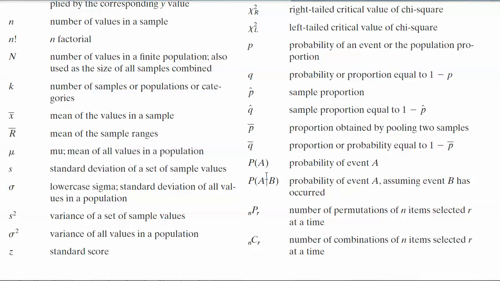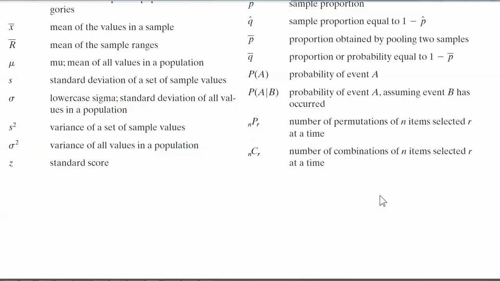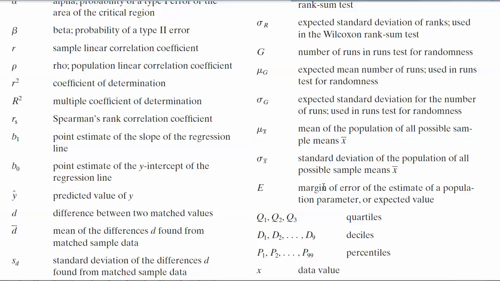P of A vertical bar B means the probability of A given that B has already happened. So they word it as the probability of an event A assuming that the event B has already occurred. It's a different calculation, especially depending on if they're independent or dependent samples.